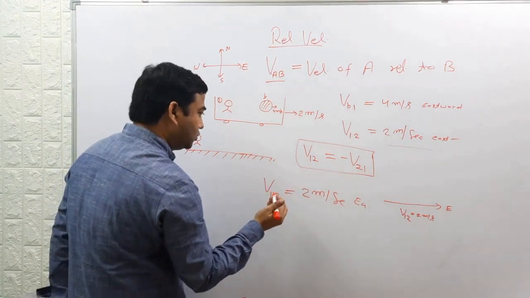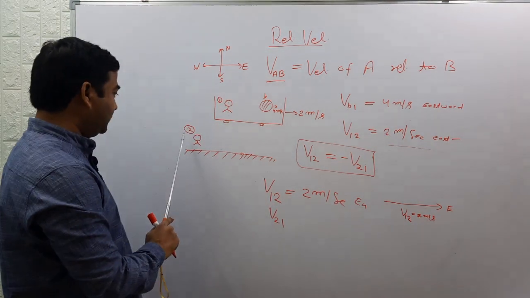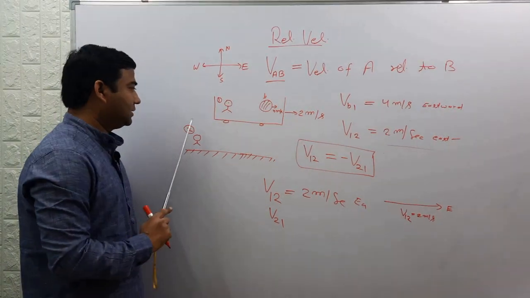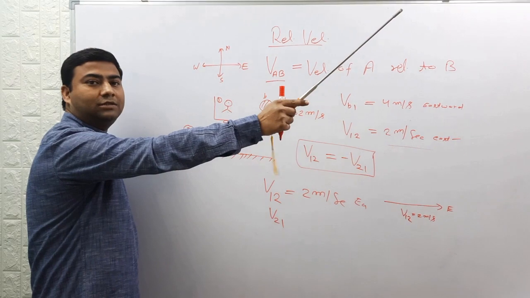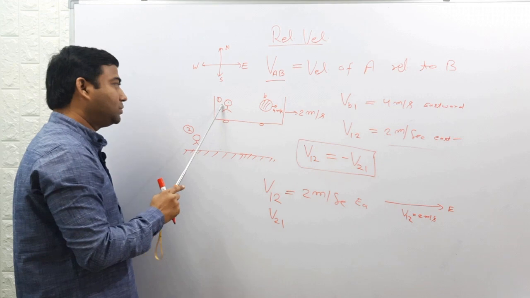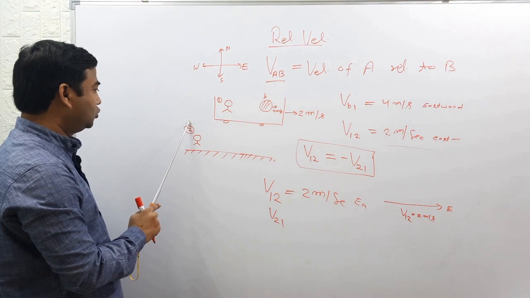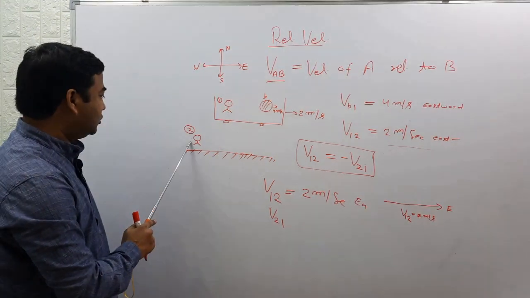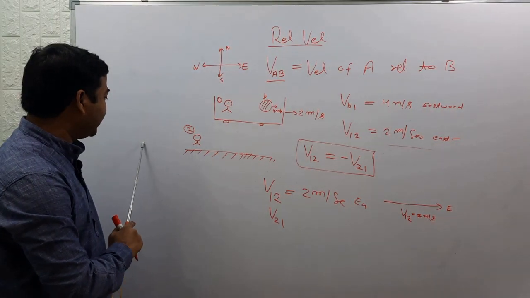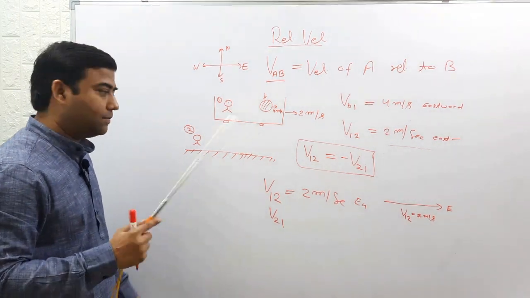Now from this rule we want to find V21, that is velocity of this observer relative to observer 1. This observer sees that this observer is moving in eastward direction with 2 meters per second. Similarly, this observer will feel that this observer is moving with 2 meters per second in west direction. This will move in west direction relative to observer 1. So this observer is moving in west direction with the same speed, that is 2 meters per second, but its direction is opposite.